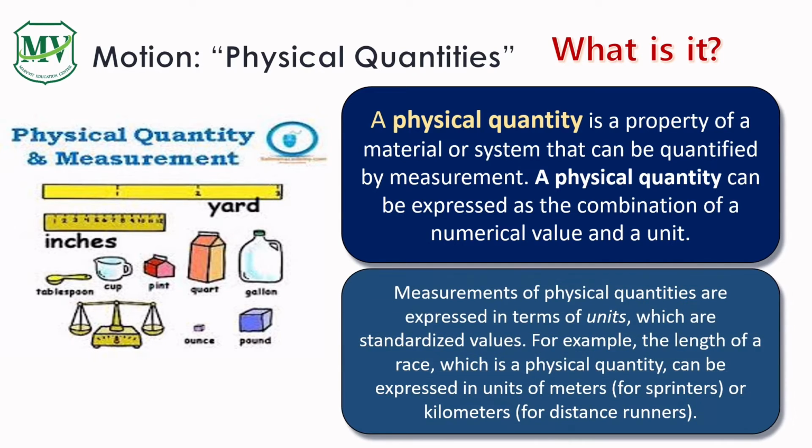Measurements of physical quantities are expressed in terms of units, which are standardized values. Without standardized units, it would be extremely difficult for scientists to explain, express, and compare measured values in a meaningful way. There are two types of physical quantities, scalar and vector quantities.